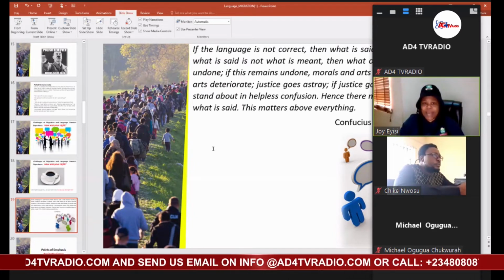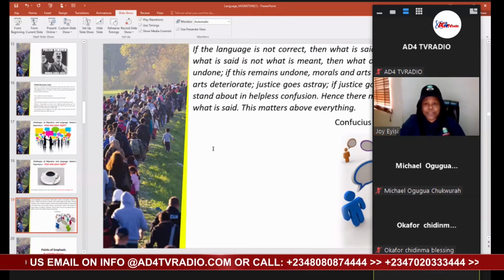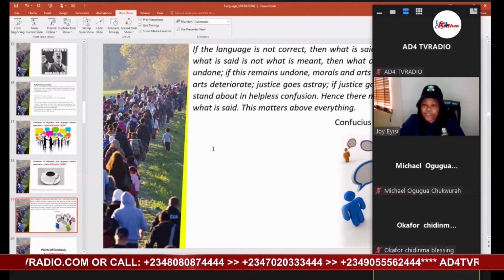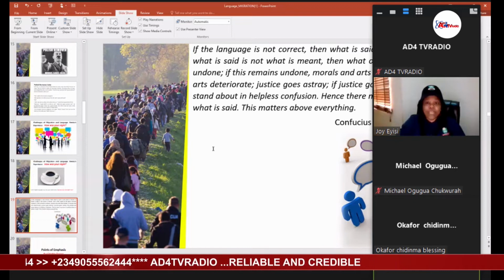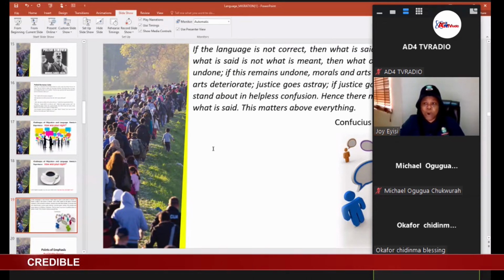If morals and art deteriorate, justice goes astray. If justice goes astray, the people will stand about in helpless confusion. Hence, there must be no arbitrariness in what is said. This matters precisely.